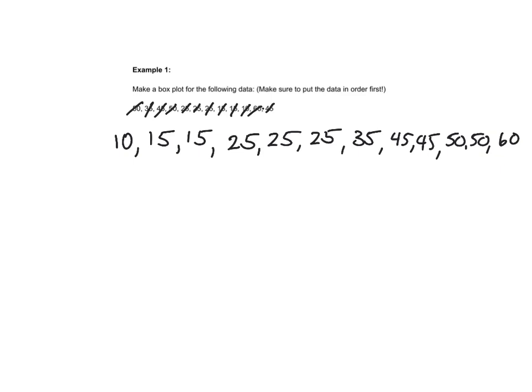Okay, so step 1 was to find the median. If we work our way in, this time we're going to end up in between two numbers for the median. So directly in between 25 and 35, we have to figure out what that number is.